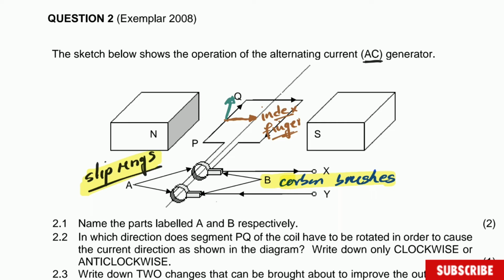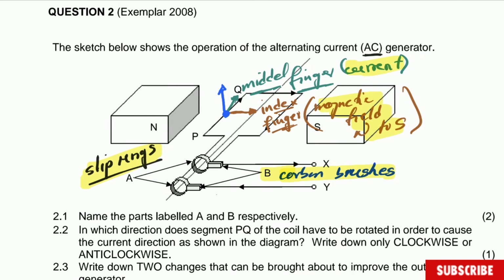It is not difficult. Now the problem here is that you cannot turn the middle finger exactly in the direction of that black arrow, but you can show that it is indicated towards the book. So that one will be the middle finger, in that direction is the current.